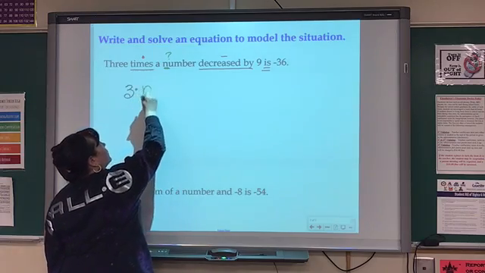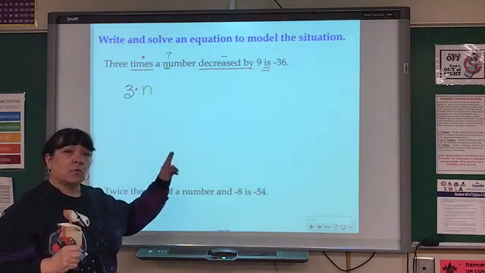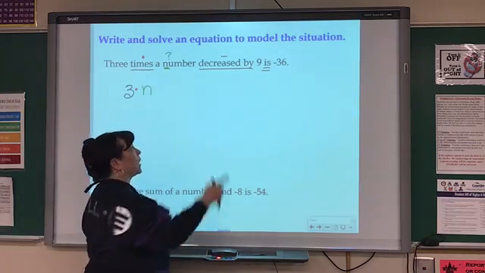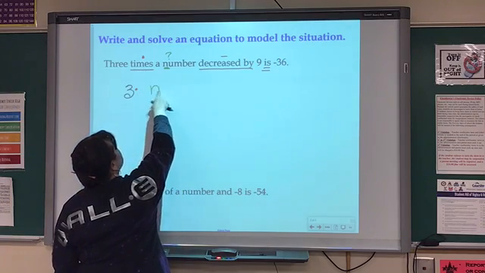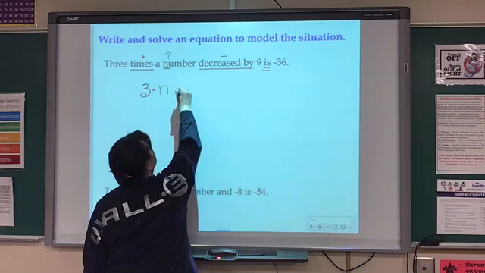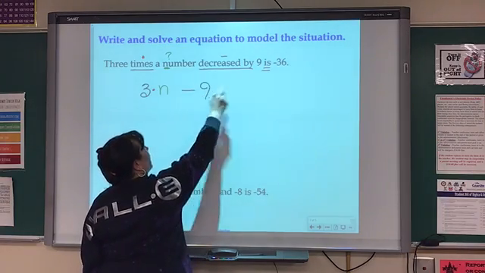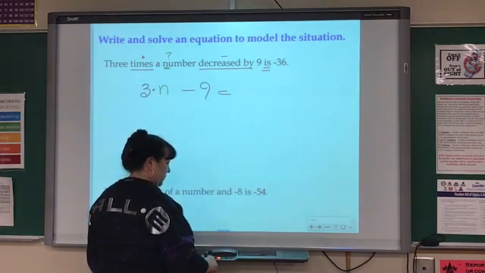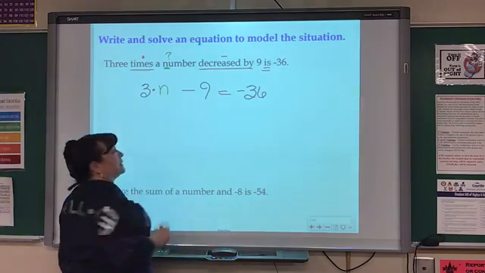I'm going to use a variable, and I'm just going to put the letter N. We're then following that up with the words decreased by. I know that decreased by means that I am going to subtract. So I'm going to put subtract 9. And then we have is negative 36. And you can literally read this.